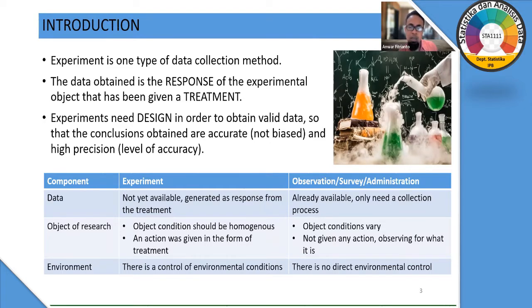But of course, in social sciences, observation or a survey, usually there is no direct environmental control. In an experiment we can do that. For example, if you do an experiment in a lab, you can make the temperature as homogeneous as possible. That is the environment. But in a survey or observation, of course, it is not easy to do that.